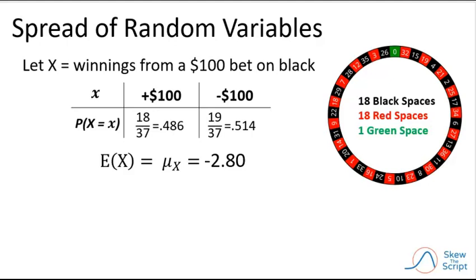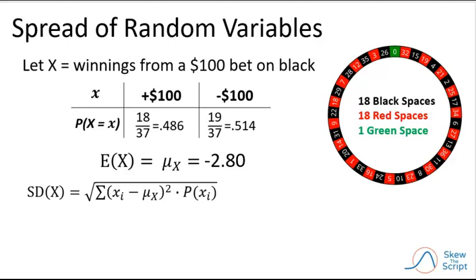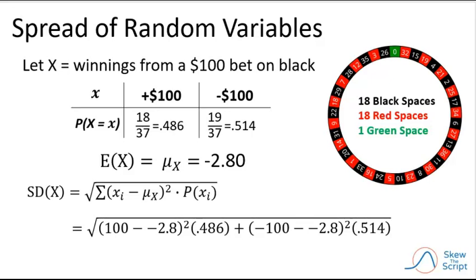So recall the random variable for a $100 bet on black, which has this probability distribution and has an expected value of -$2.80, looks like this. So we are going to apply the standard deviation formula to this random variable. First thing we're going to do is find the differences between each of the outcome values and the expected value. So the 100 minus the -2.8 and the -100 minus the -2.8.